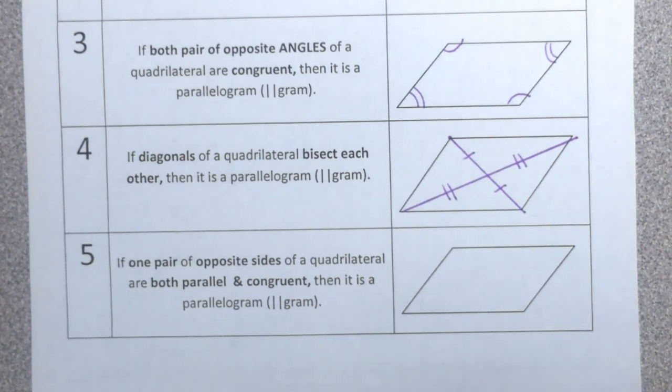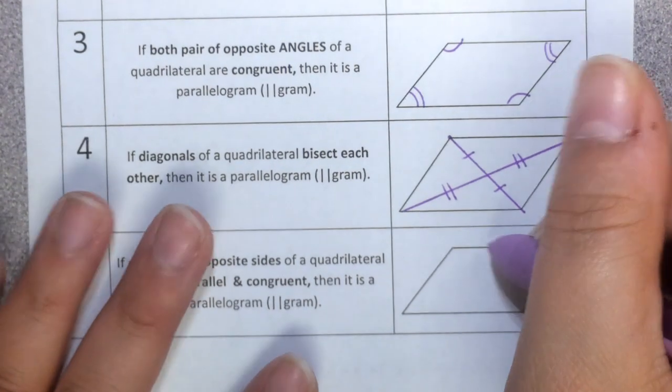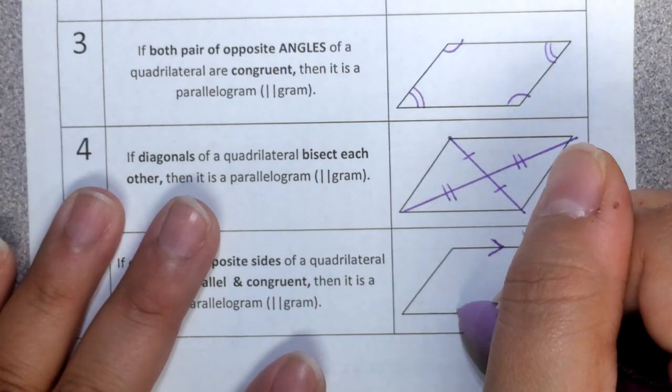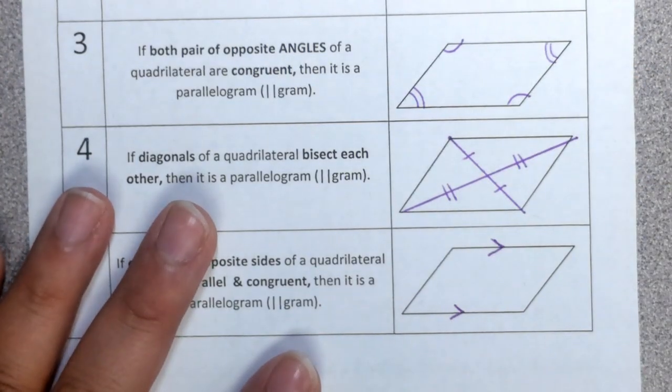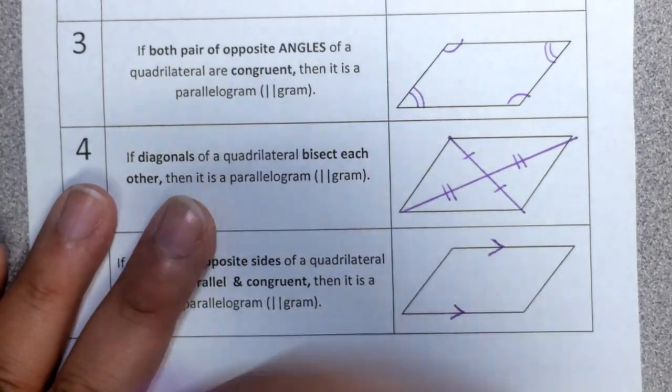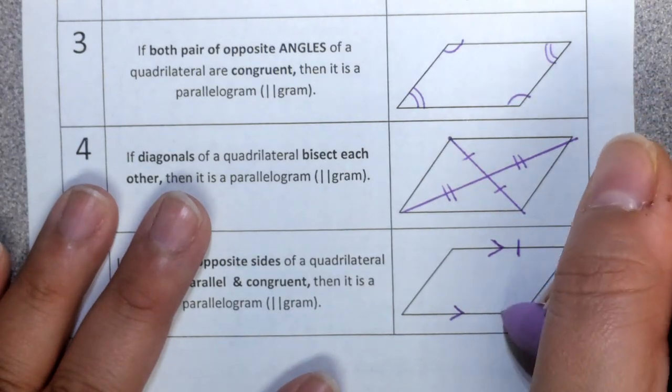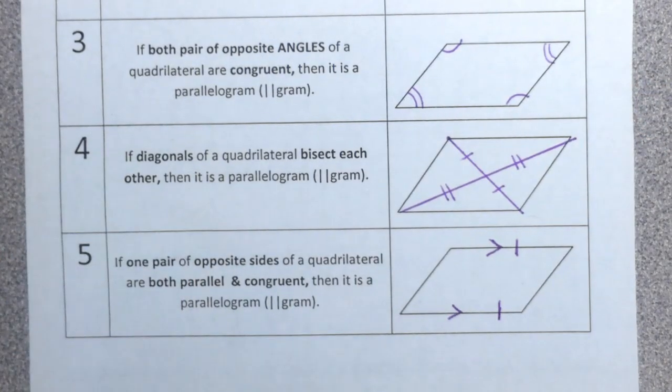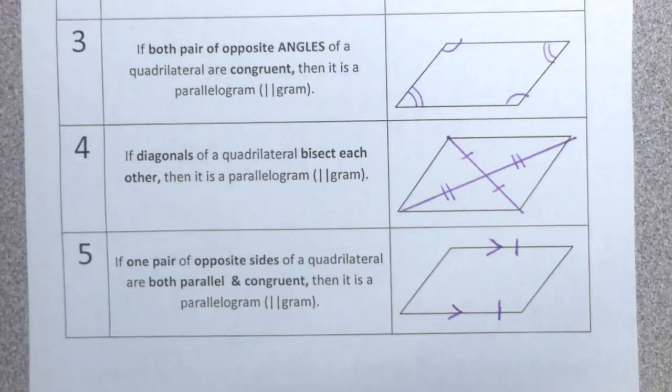The last one is kind of the most special case, the weird case. If one pair of opposite sides is both parallel, so let me draw the parallel symbol, everybody draw an arrow, and congruent, draw a tick mark. If one set of sides has both arrows and tick marks, if it's both parallel and congruent, it's a parallelogram.